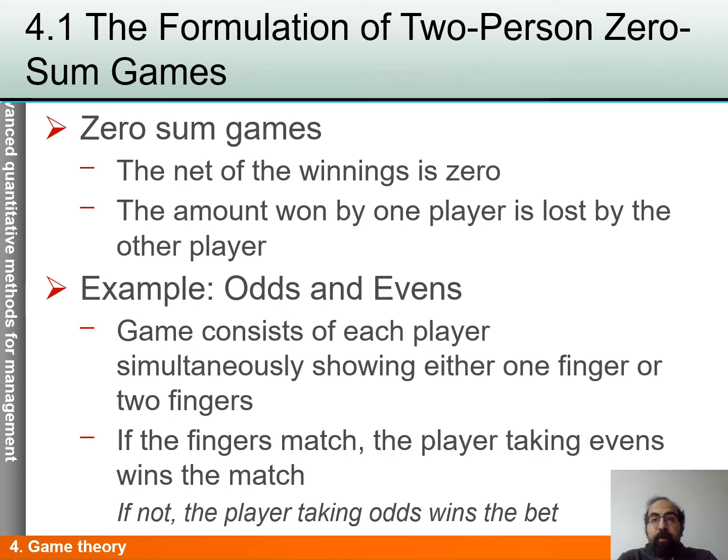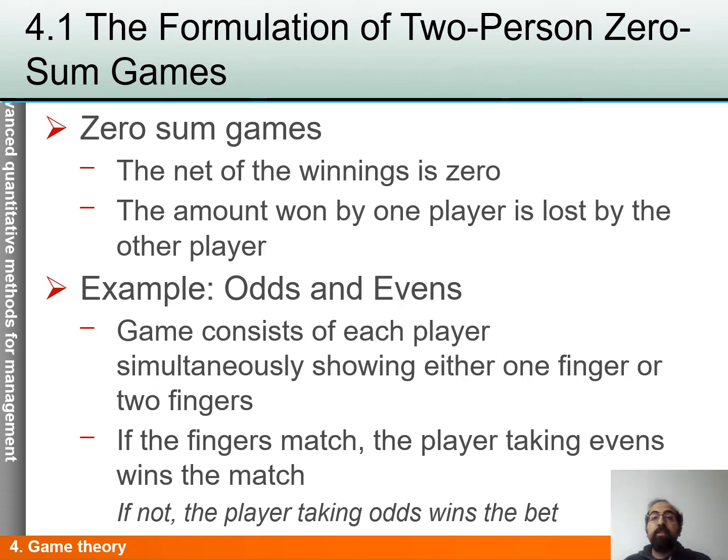Let me give you an example. I am playing with my friend, and based on the different strategies that I have and the different strategies that my friend has, we decide a strategy. Finally, I will win, for example, 2 units of value. When I say 2 units of value, it is something agreed between the two players.